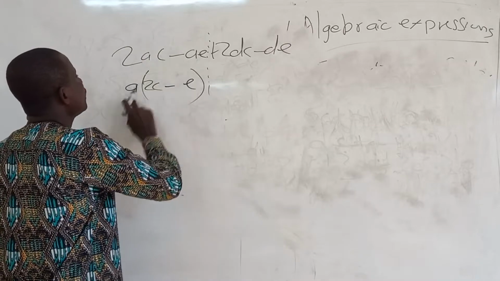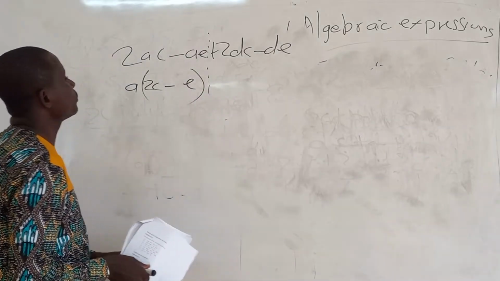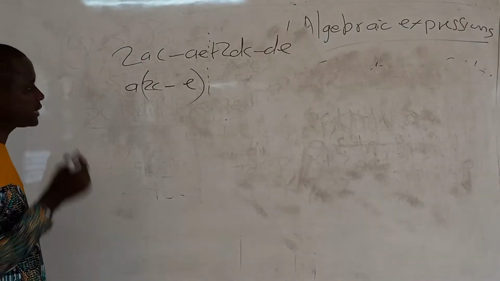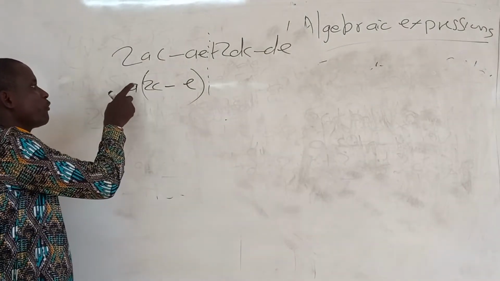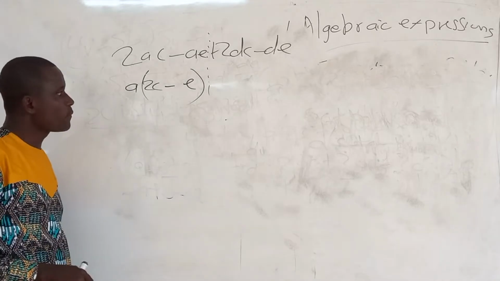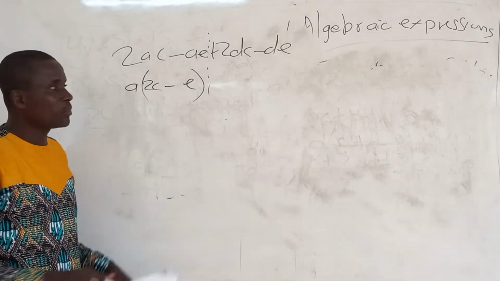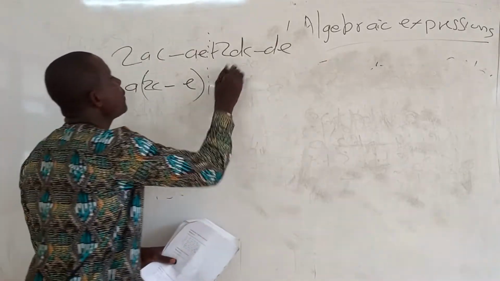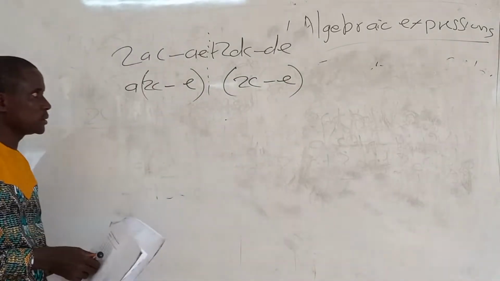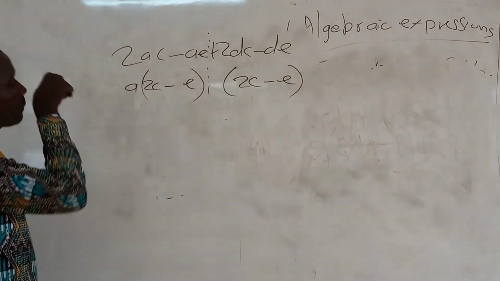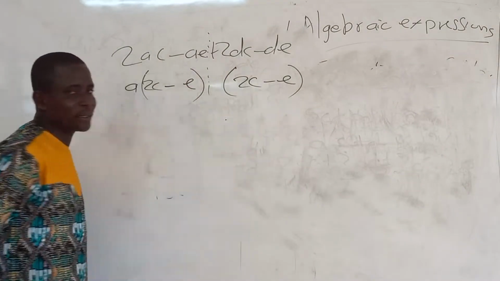E. As I explained, when you divide, you get minus E here. Now, the secret is that after you do this, in the first place, you found the common factor here before you got the bracket. This time, come straight away here and repeat the bracket 2C minus E like this. That's what I'm saying. After you write 2C minus E, I'm repeating what is here over here.